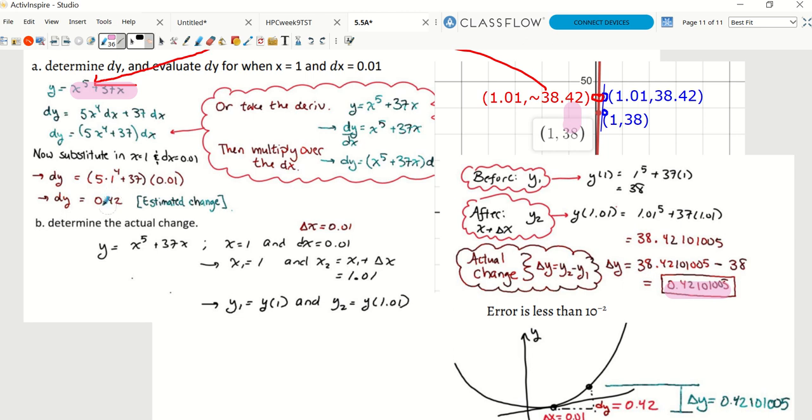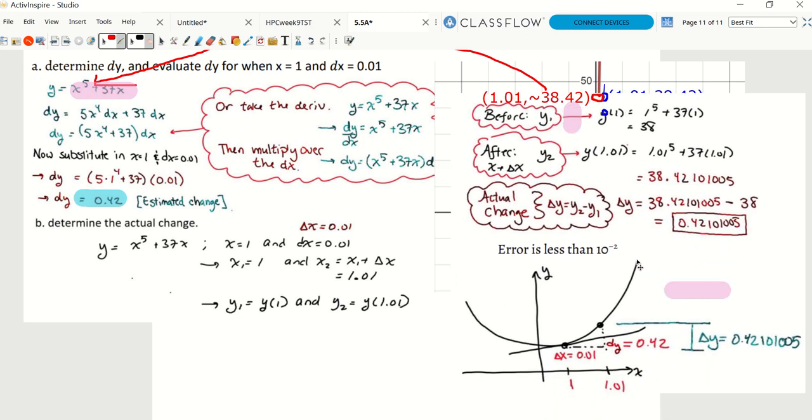Again, let me say that one more time. This is the estimated distance, because it's based on the blue dot up here. And that is very close to the actual vertical distance between this top red point and this bottom red point of 0.42, which they got from plugging in 1.01 into this minus plugging in 1 into this. So that's basically it.